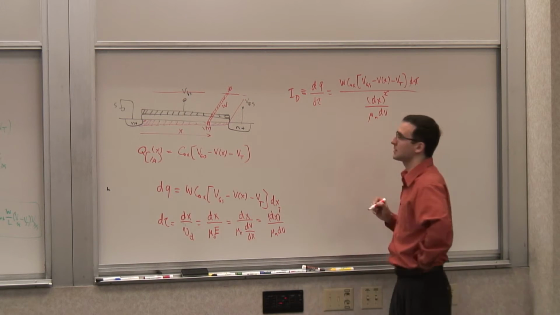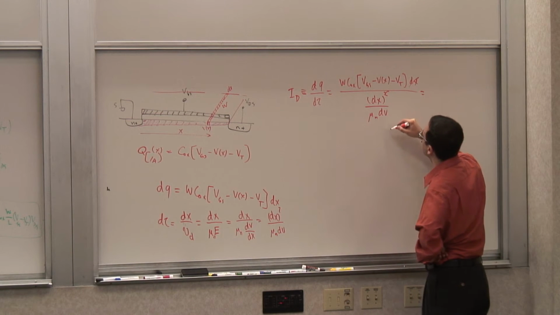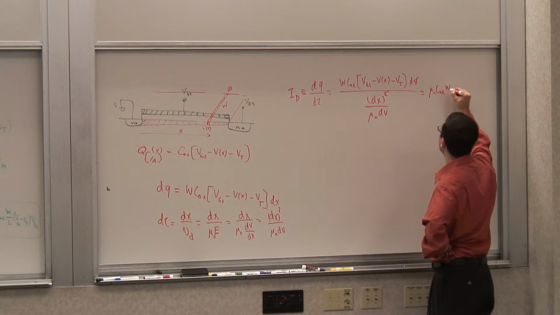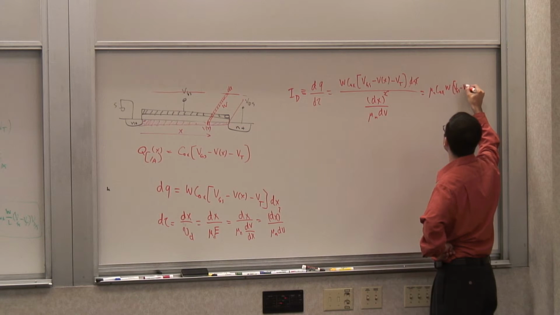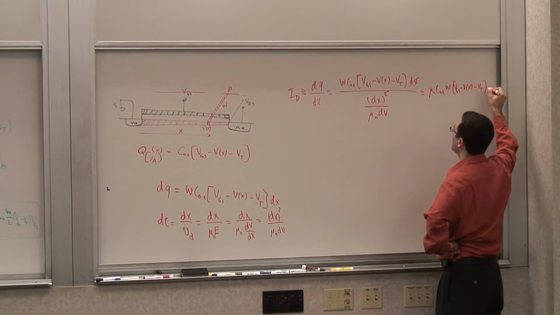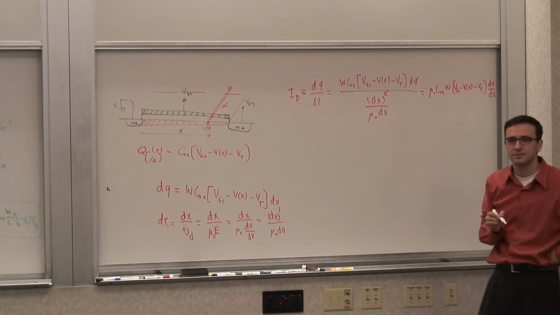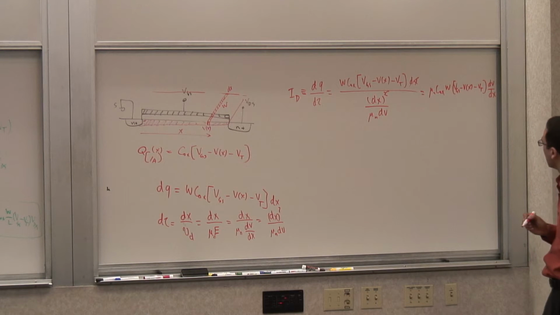So one of these dx's cancels, and I'm left with mu n Cox W (VGS minus V of x minus Vt) times dV divided by dx. Okay? Agree? Okay.